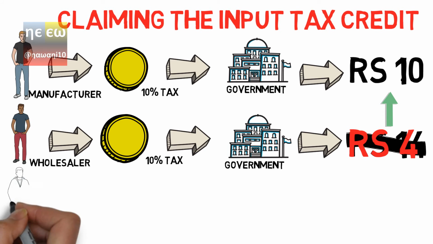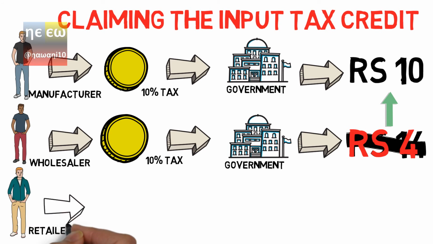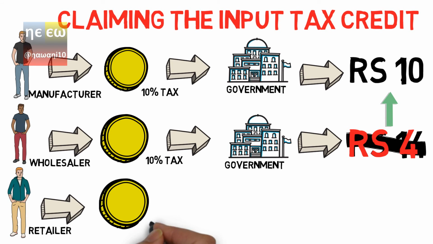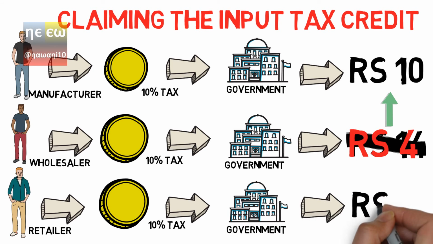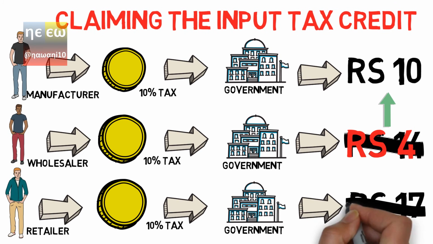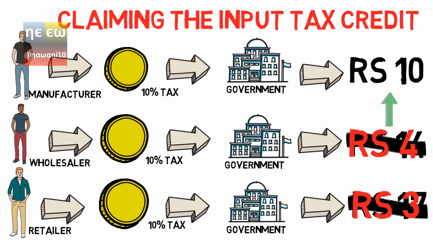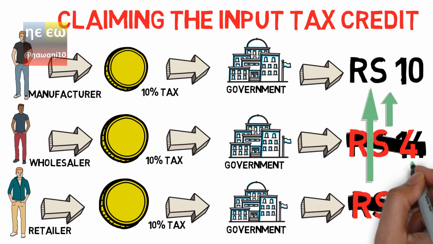Same way. After purchasing t-shirts from the wholesaler, the retailer pays 10% tax to the government equals rupees 17. But the retailer actually pays rupees 3 as tax, since the manufacturer had already paid rupees 10 as tax and the wholesaler had paid rupees 4 as tax respectively. Therefore, the total tax paid to the government is rupees 17.